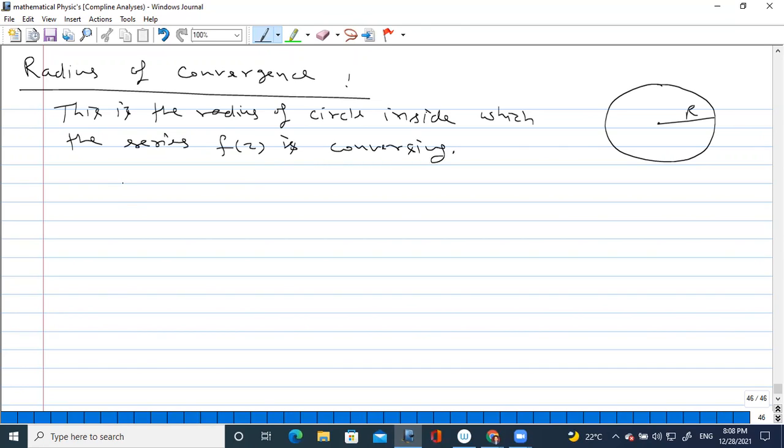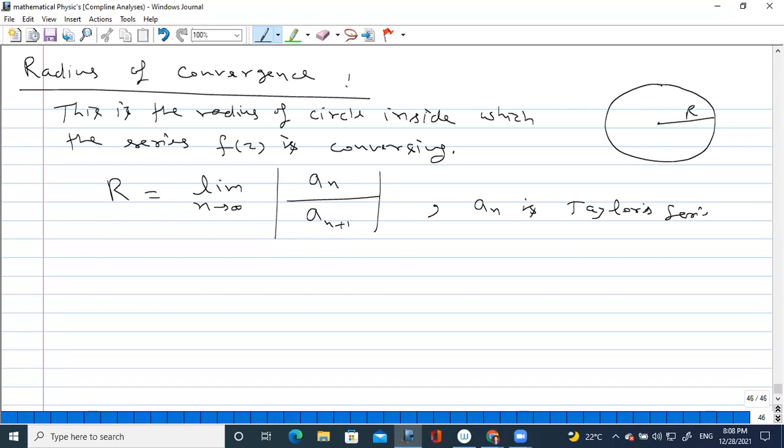That radius can be found as the limit n tending to infinity of mod of a_n divided by a_(n+1). a_n is the Taylor series coefficient. You do the Taylor expansion of that function and then you can find it.